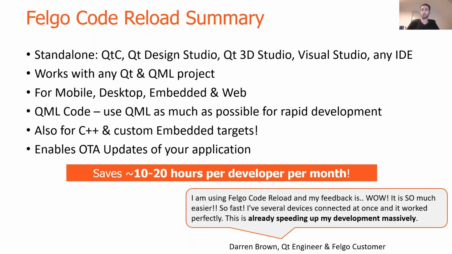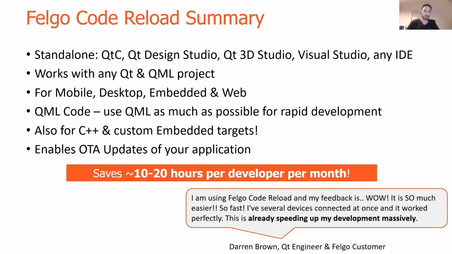Code reloading also, of course, works if you have custom C++ code. The way this works is that you just compile your own code reloading application, integrating your custom C++ code, so the QML code knows about all the model and state details. And you can even build custom versions for any target that Qt supports, so also embedded, for example.